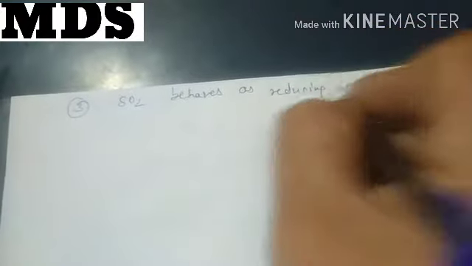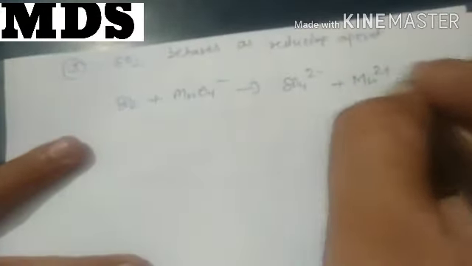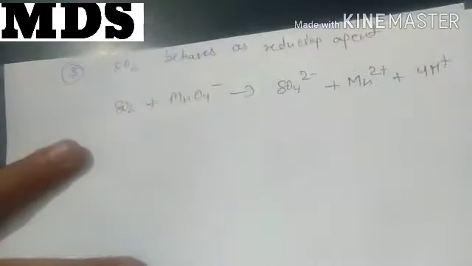The third chemical property, which is the important property for sulfur dioxide, is that it behaves as a good reducing agent. Sulfur dioxide easily decolorizes potassium permanganate, resulting in the formation of sulfate, converting manganese to Mn2+, particularly in an acidic medium.